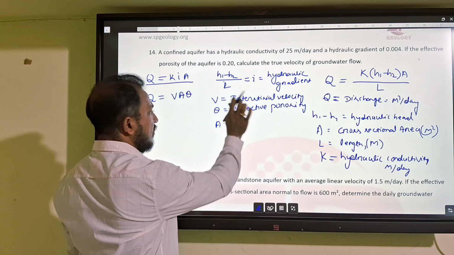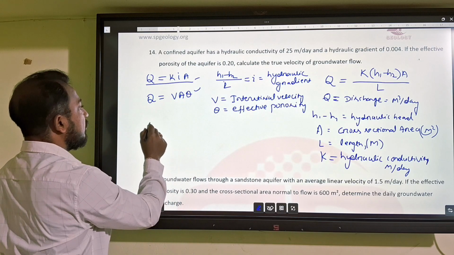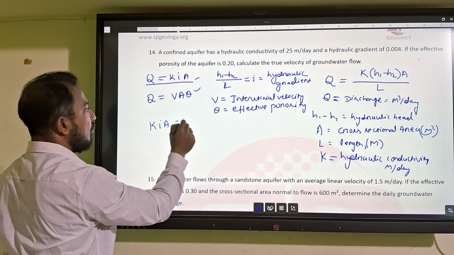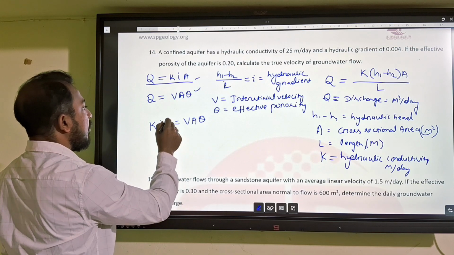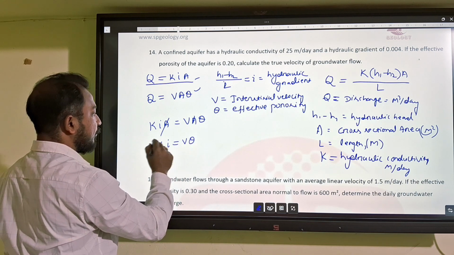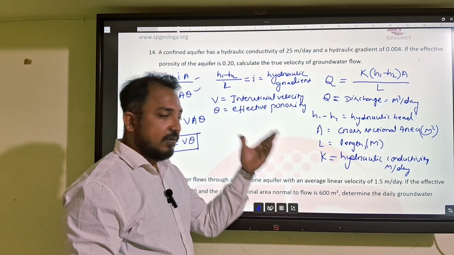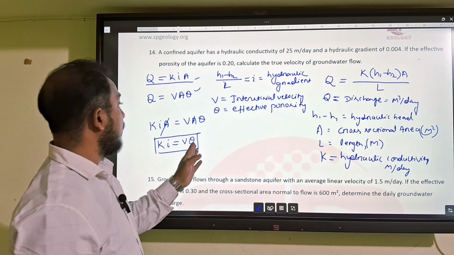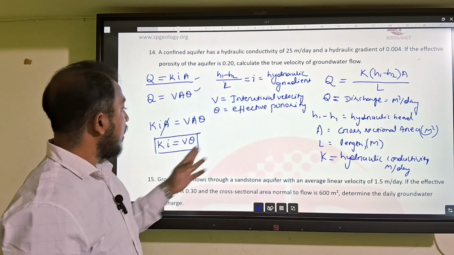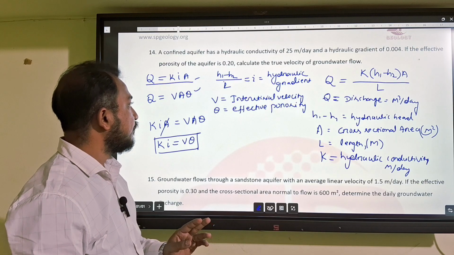Then A is your cross sectional area. So we can equate these two equations, KIA equal to V A theta, where you will find KI equal to V theta. So remember this equation, we'll use it in the following numericals.